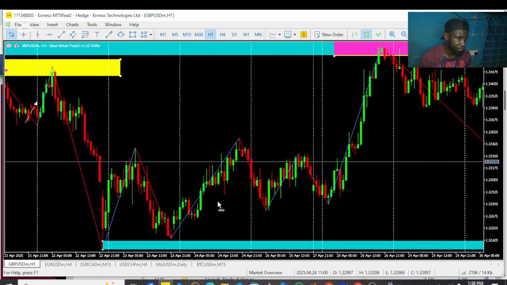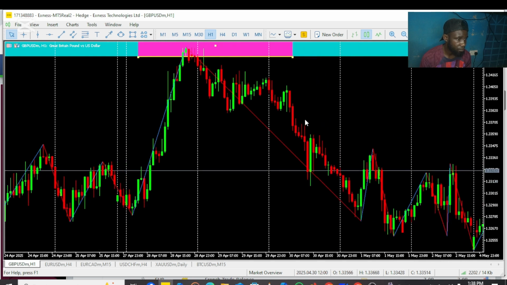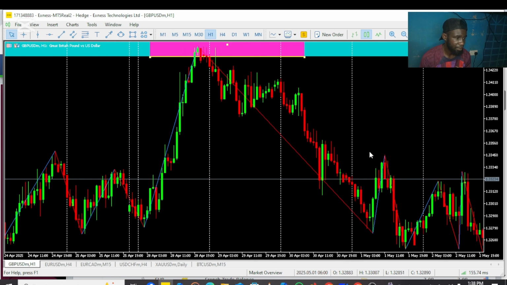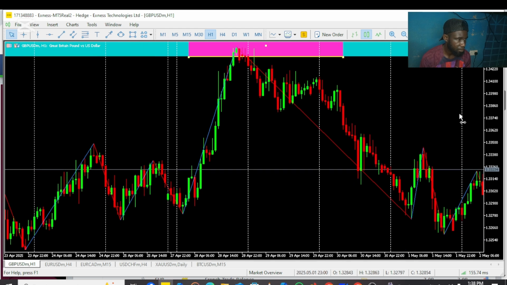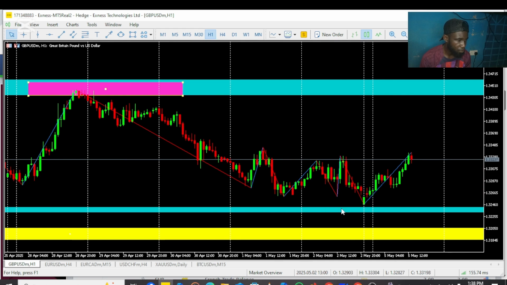Since this zone is a strong zone, the market finds it difficult to break it. And since this support zone is a strong zone, the market finds it difficult to break this support zone over here.